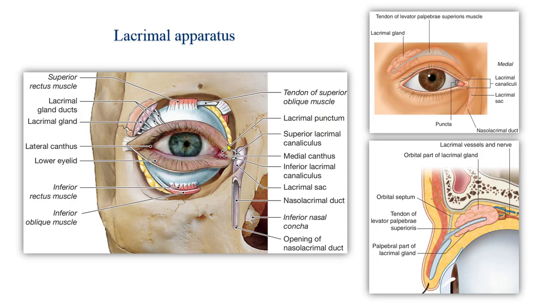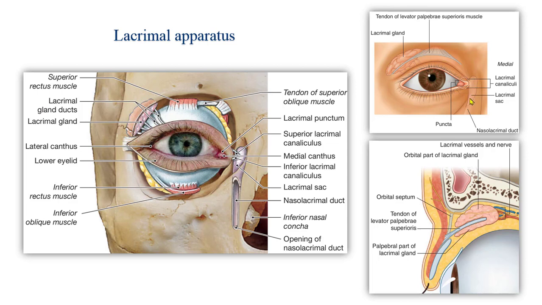It is through the lacrimal puncta that tear fluid drains to continue through the lacrimal apparatus to enter our next structure, the lacrimal canaliculi. Then two canaliculi join before opening into the next structure, called the lacrimal sac.